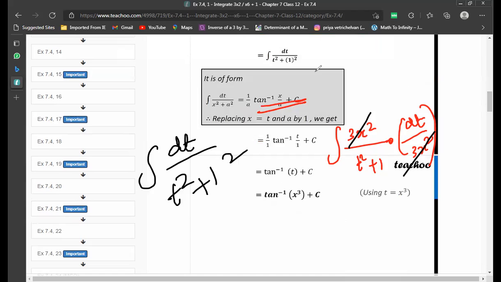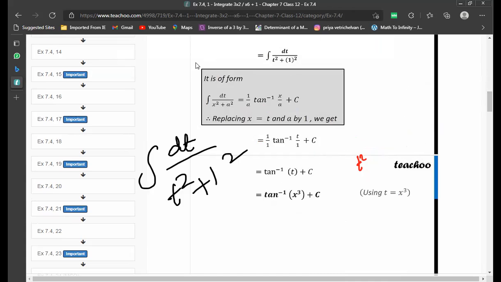We do have a formula here. The integration of 1 upon t square plus a square can be written as 1 upon a tan inverse of t upon a plus c. Here a is nothing but 1. The constant term is considered as a, and the variable is considered as t here.